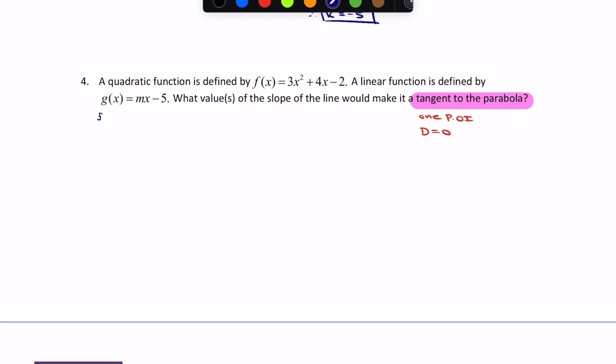And so here again, we'll make f of x is equal to g of x. So here we can write 3x squared plus 4x minus 2 is equal to mx minus 5. Here we'll move the mx to the other side, so we'll subtract by mx, and then we'll add by 5 to both sides.